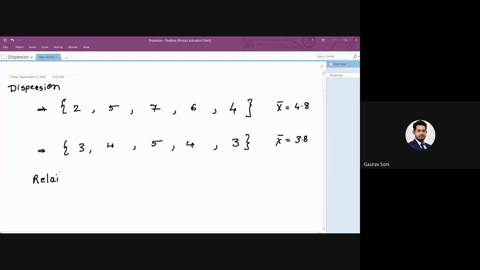So reliability of average is more if dispersion is less.